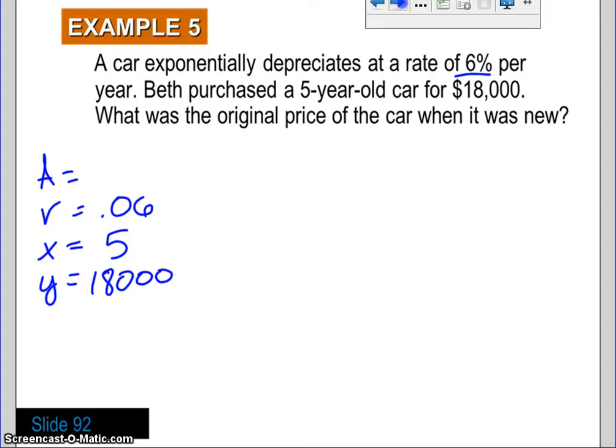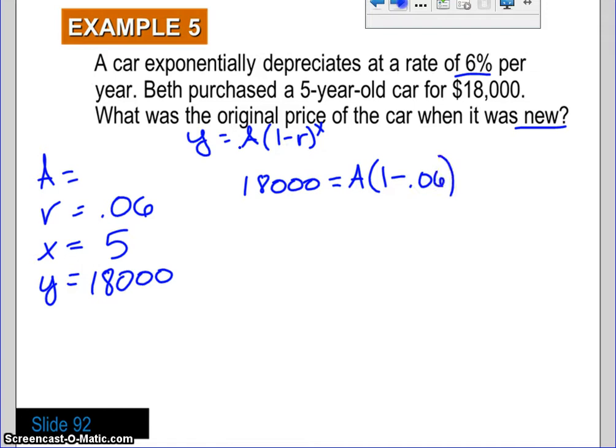We're looking for the new car price. Remembering our formula of y equals a times 1 minus r to the x, let's plug everything in. $18,000 goes there, and it equals, a is our unknown, 1 minus 0.06 to the 5th power.